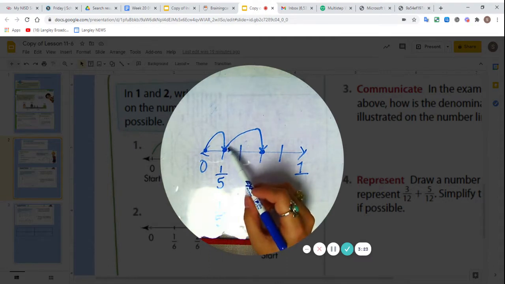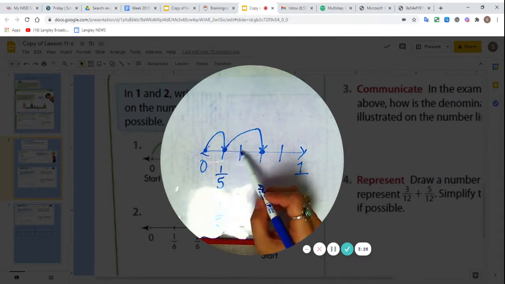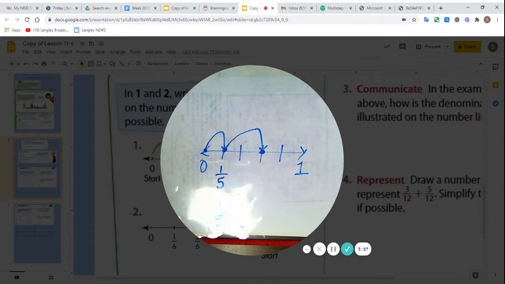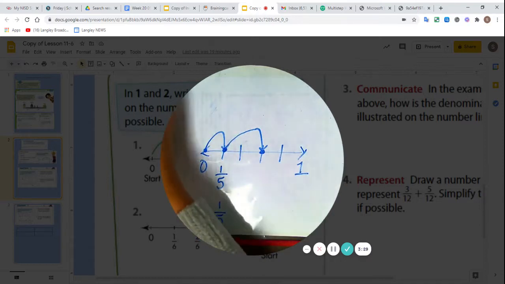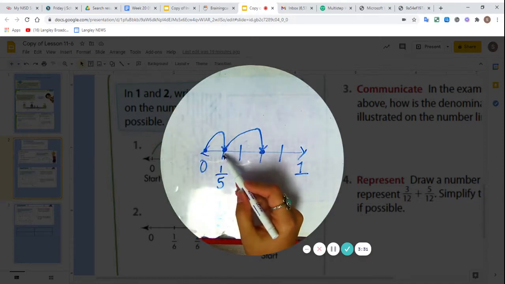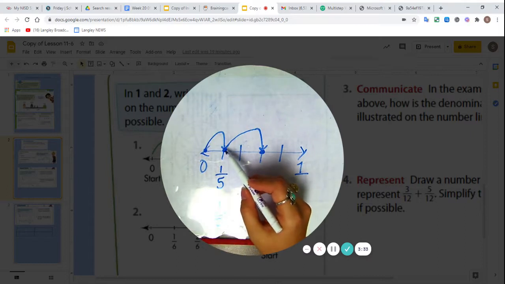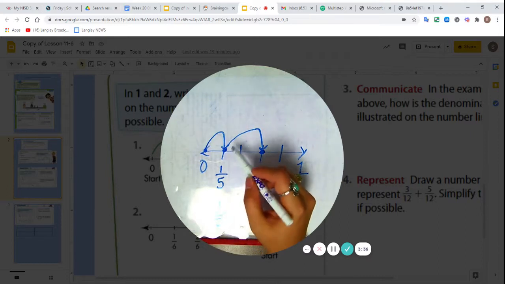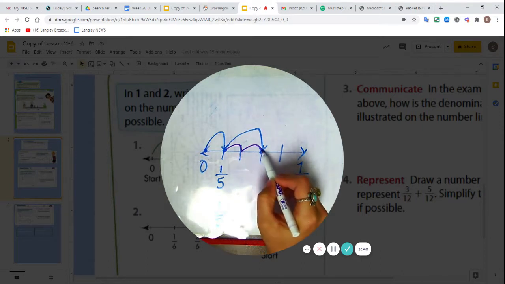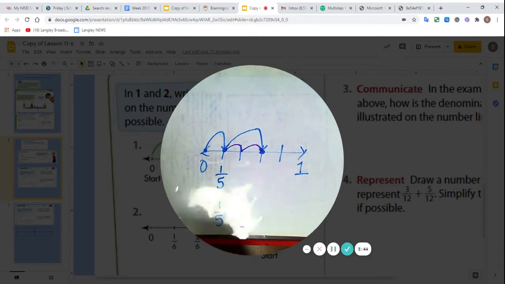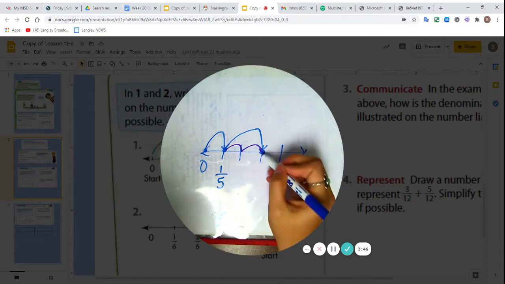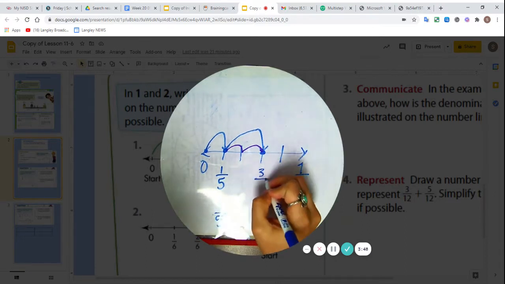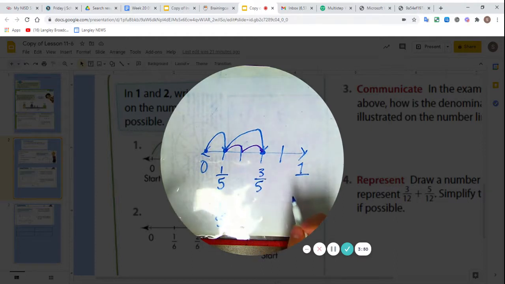How many spaces did it move? We started here at 1/5 and I'll do a different color here to help us out. We went 1, 2. We went 2 spaces, and this point on the number line is 3/5.